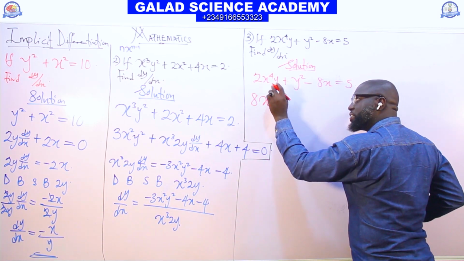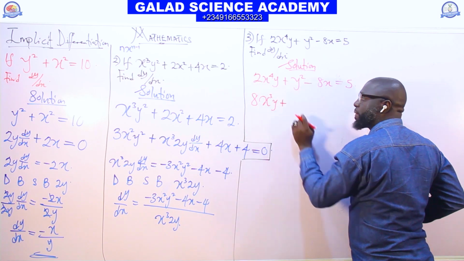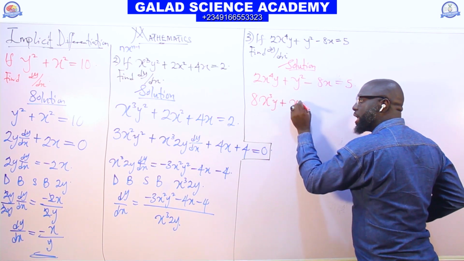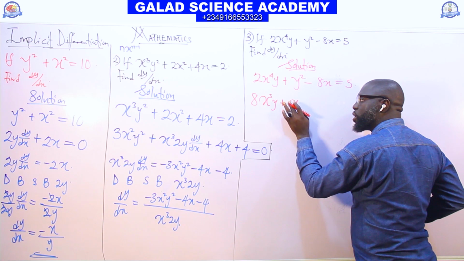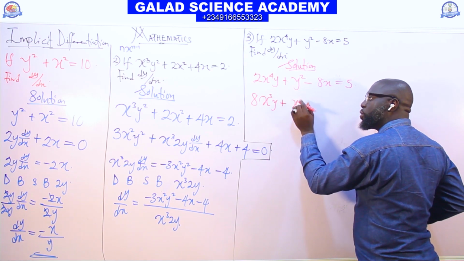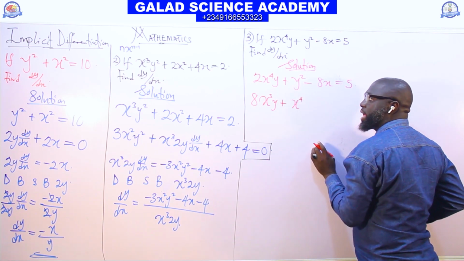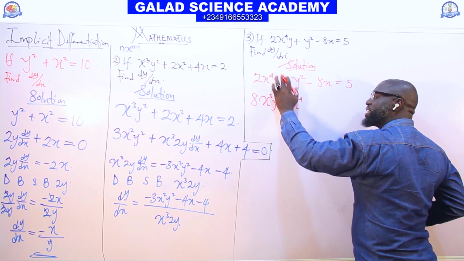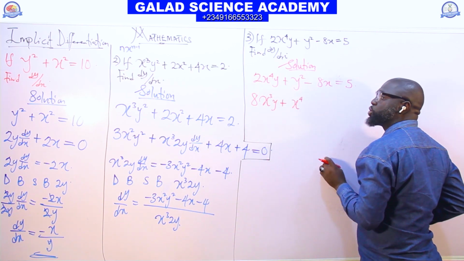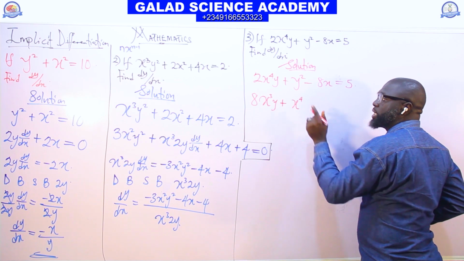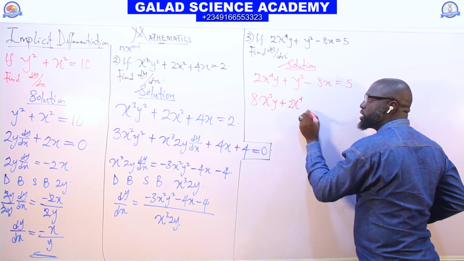Then plus differentiate 2y, x raised to power 4 will remain here. Differentiate y, it will give us 1, so 1 times 2.